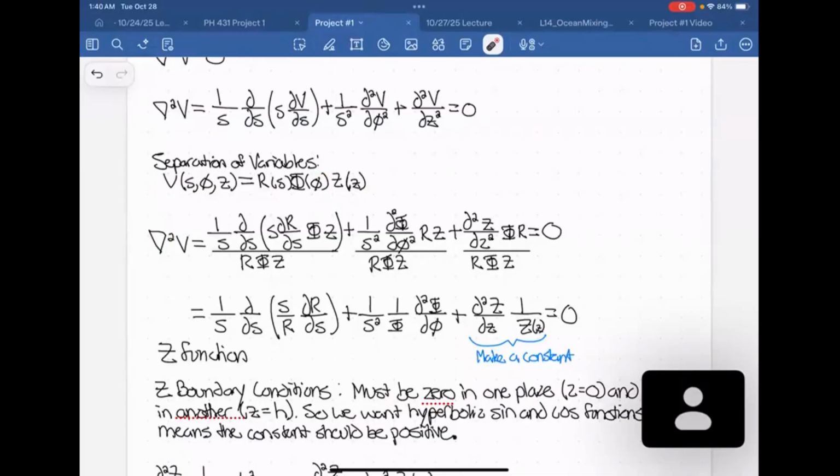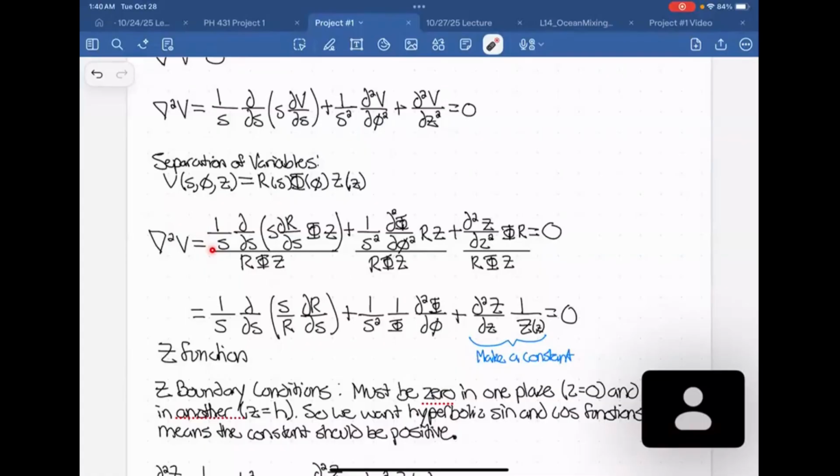So we're going to start by taking our del squared v, our Laplace's equation, which is equal to 0, and taking our form up here, plugging it in down here, and multiplying it by this separation of variables equation.